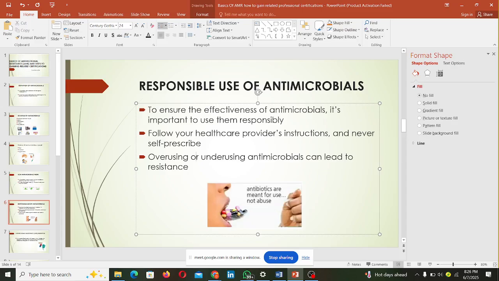So when you overuse or when you underuse, and cases of underusing antimicrobials can be when you are given a drug. I believe maybe probably 90% of us have done this before. Take for example, you're given a drug maybe by your mom or whosoever, maybe even by a doctor.